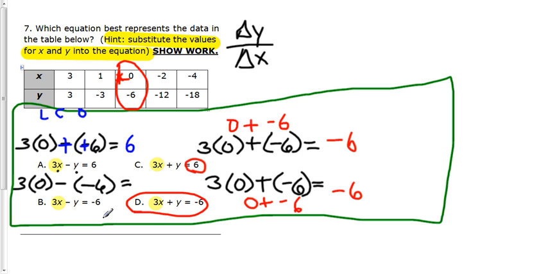On the next one, B, 3 times 0 is 0, and then I do my leave, change, opposite again, and that does give me plus positive 6. So 3 times 0 is 0, plus 6 gives me positive 6. I see an error on this homework because actually not only is D the correct answer, but A is also right.